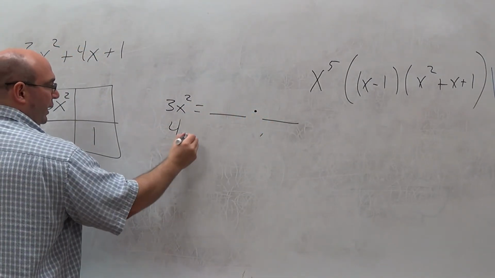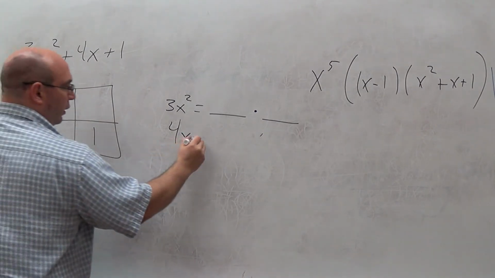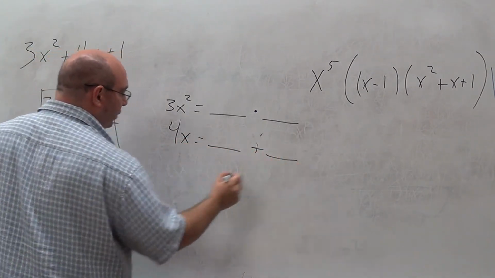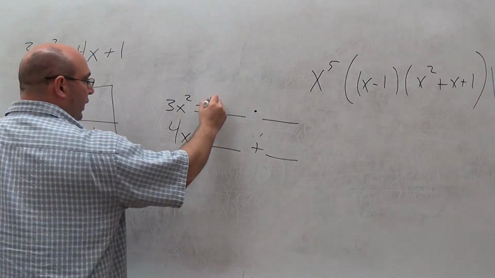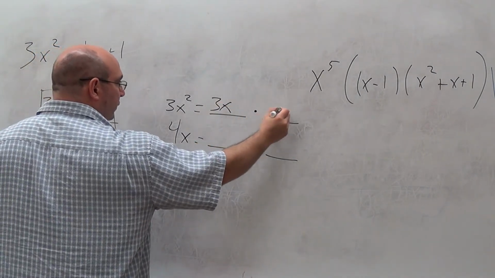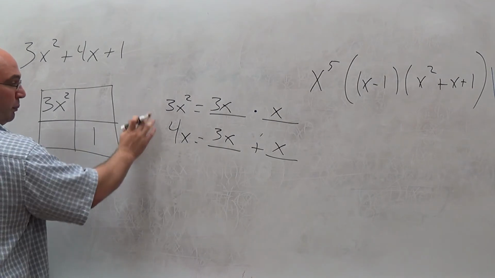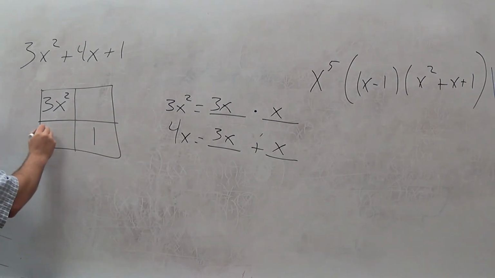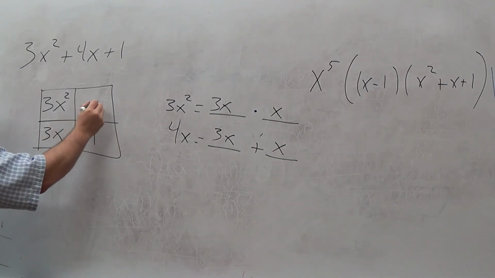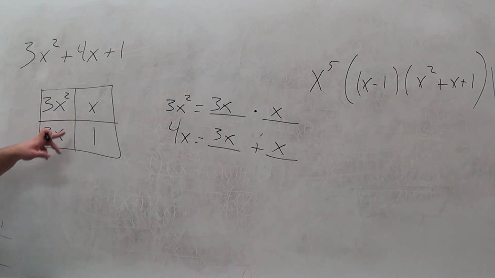I take my bx, my 4 here, something plus something. I work my times tables. I know that 3x times x and 3x plus x will meet both of these conditions. I put it in. Here's a 3x, here's an x. Again, it doesn't matter which one you choose. I could have put the 3x here, I could have put it down here, it doesn't really matter.